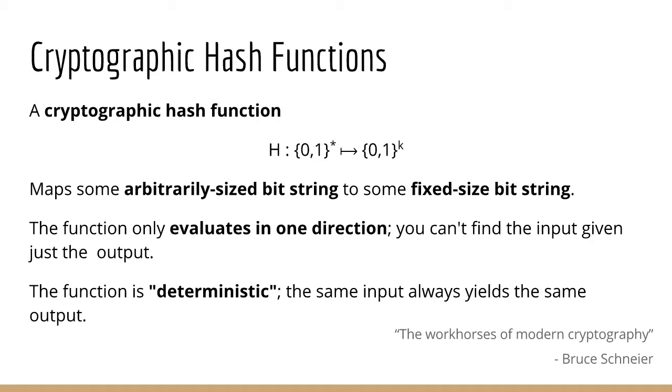It's also deterministic, so the same input always yields the same output. And you can see this notation: we define a cryptographic hash function h as a mapping from some arbitrary-length bit string to a k-size bit string. So SHA-256 maps some arbitrary data to a 256-bit output string.